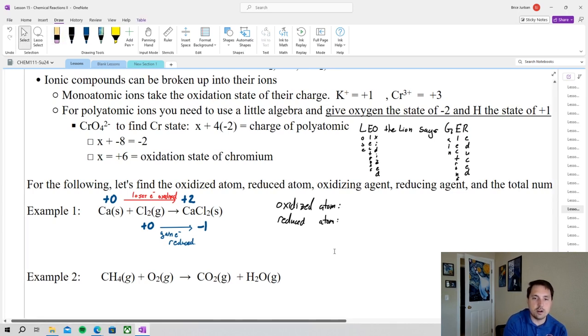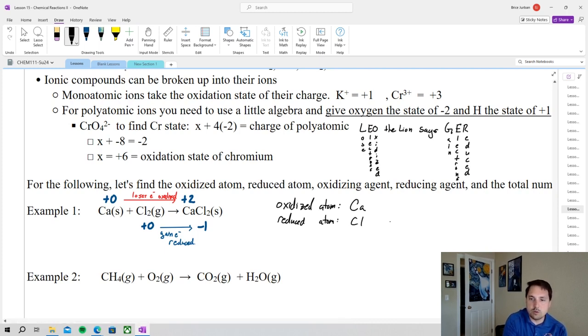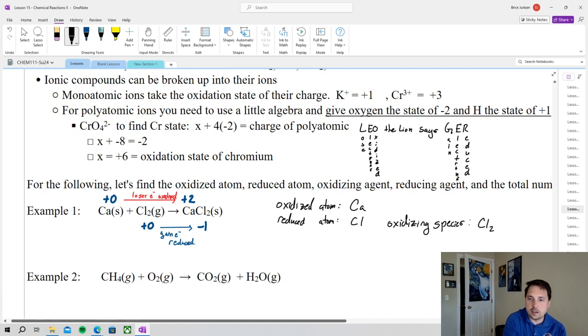And what I will do is I'm going to write this as Ca and this is Cl. And we'll notice that these are opposites. So anything that has the reduced atom is the oxidizing species. That's Cl2. So it refers to the whole molecule.